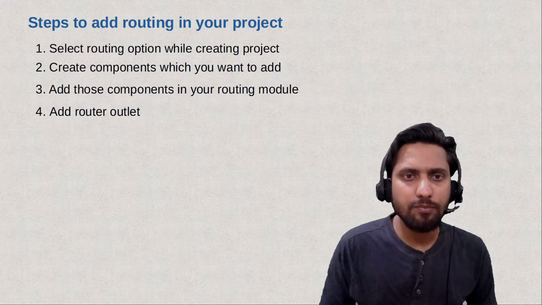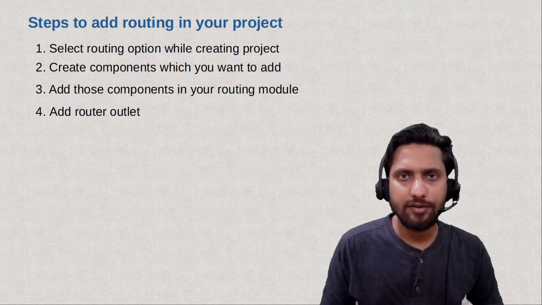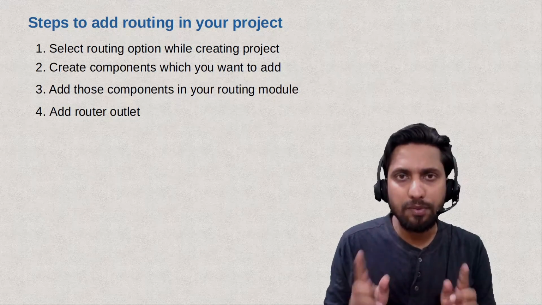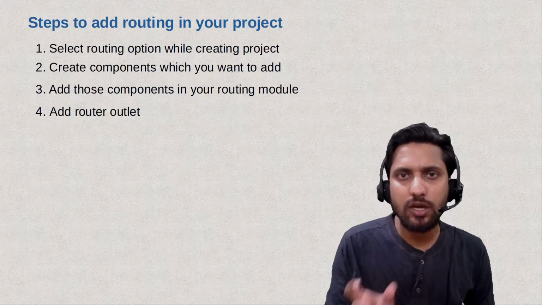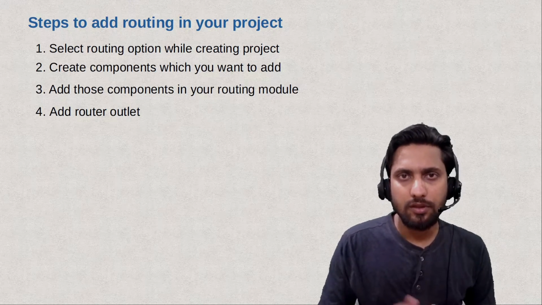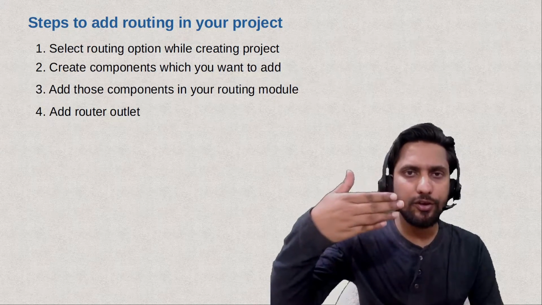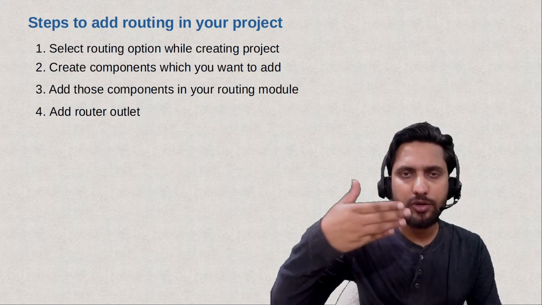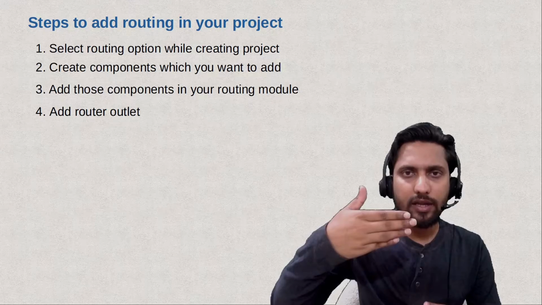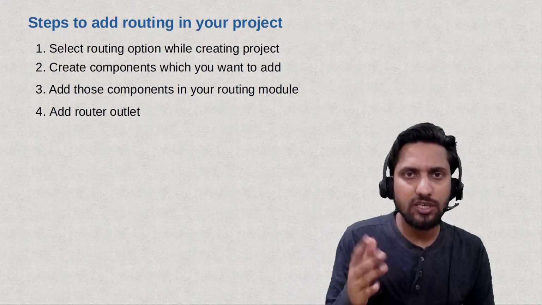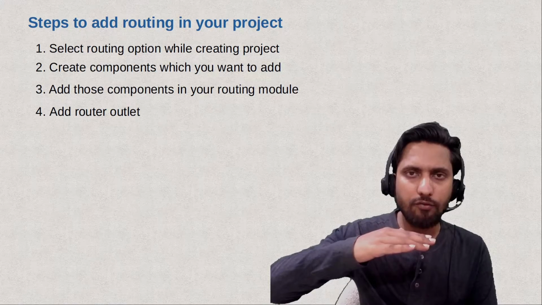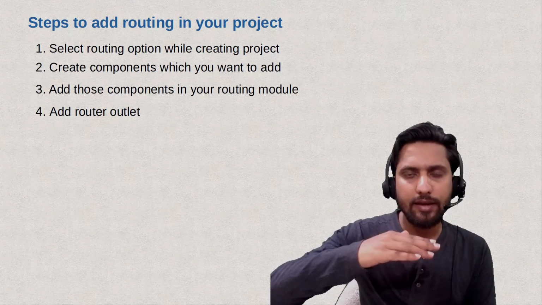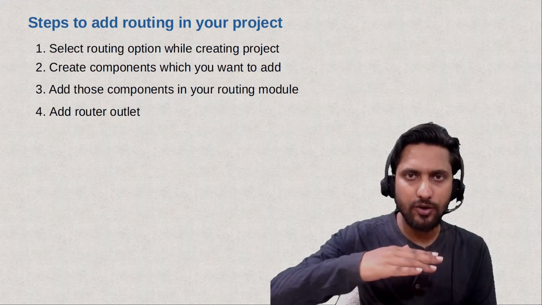In the fourth step, we need to add the router outlet. We need to tell Angular at what place we are going to switch those components. Suppose, as I have told you, header and footer should be static in your whole Angular project. At what area are we going to change components? At the middle part of your page, where the first time we will show the home component and next time we will show the about us component.